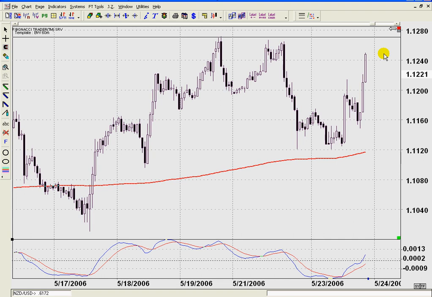Coming all the way back up, making another attempt at the highs, and again we want to watch that key level. What might happen here is we'd like to see it come as close to the 38 as possible, but look at the parabolic move we see here from 111.60 to 112.80.